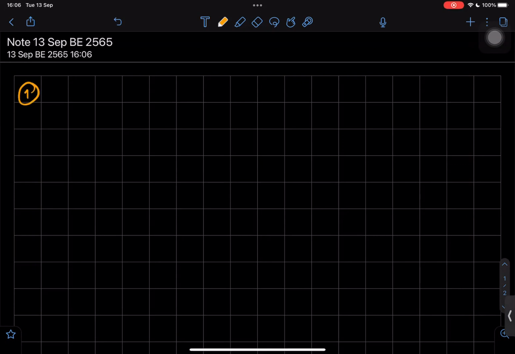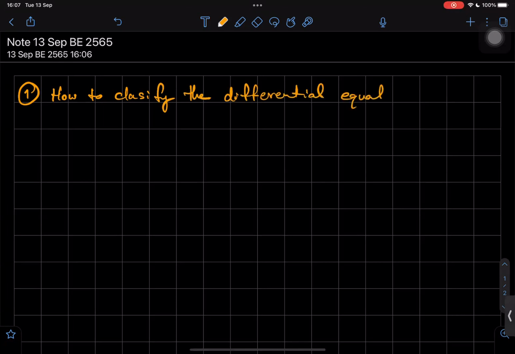First, we talk about how to find the equation. Okay, so we know the difference between the ODE and PDE.